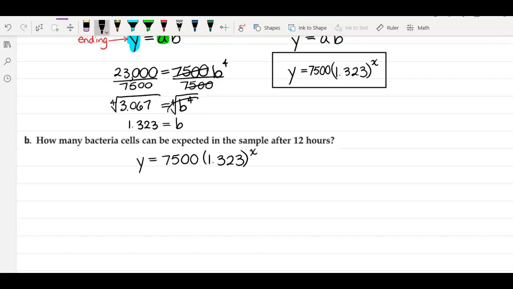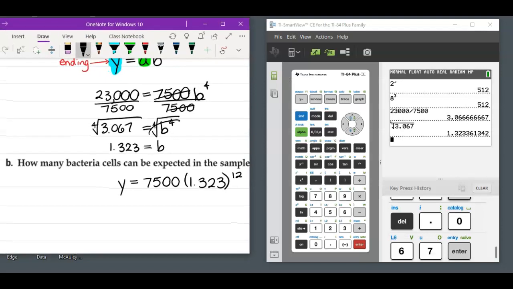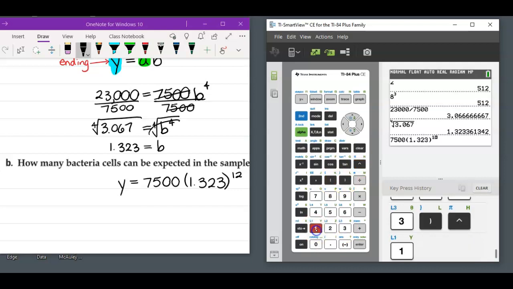Instead of X for the unknown time, I'm going to replace it with 12 for 12 hours. And again, using our calculator, we'll type 7,500 parentheses 1.323 close the parentheses, raise it to the 12th power.